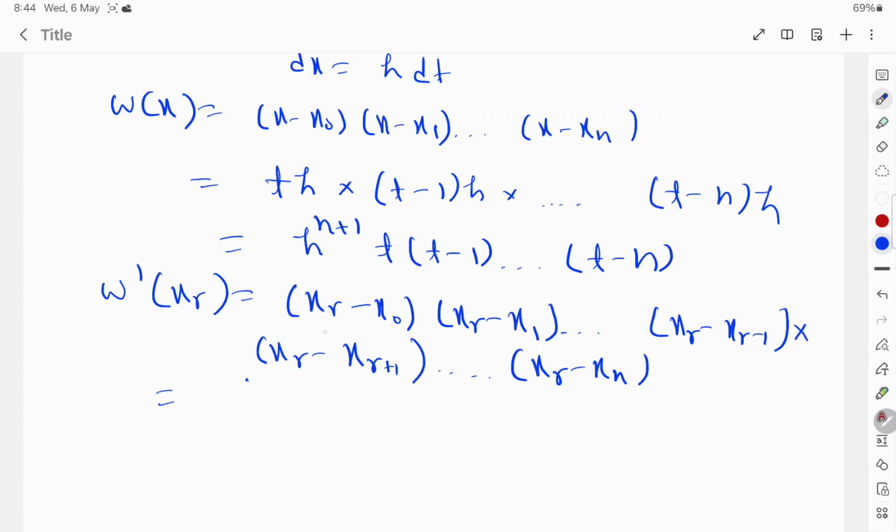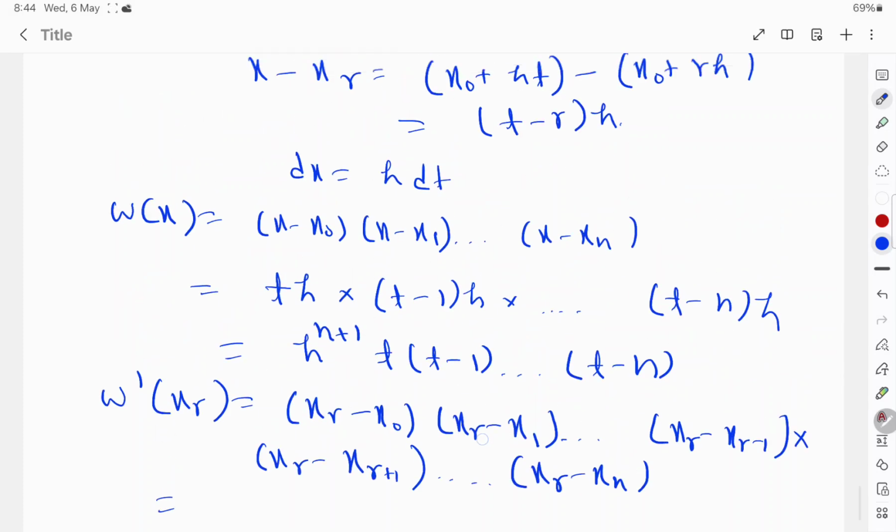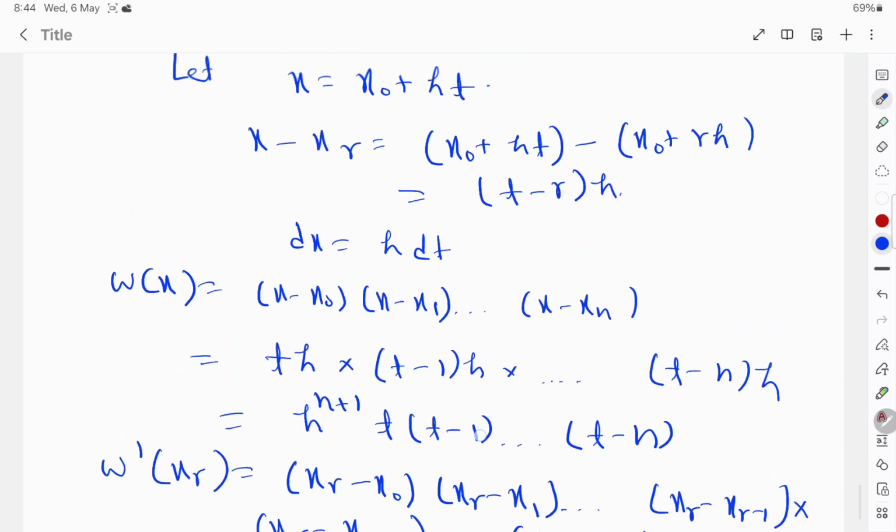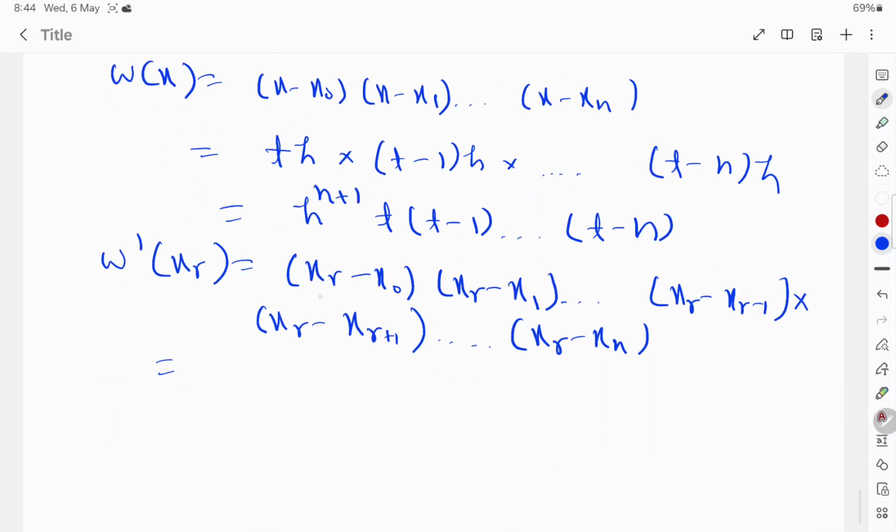This will be your xr minus x0, so basically just rh, right? Next one will be r minus 1 into h. So this will be your h, and then next one will be minus h, right? Then you have minus 2h and so on.